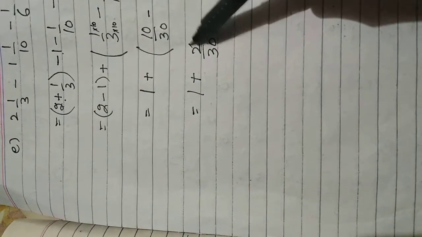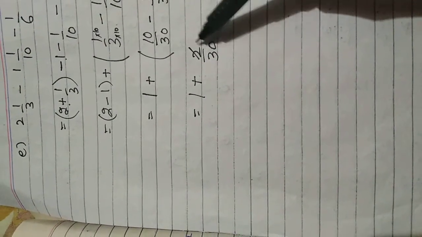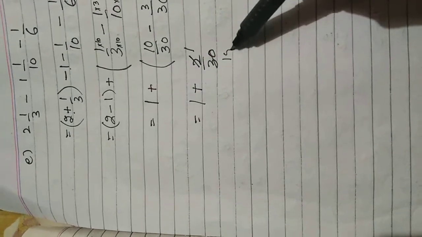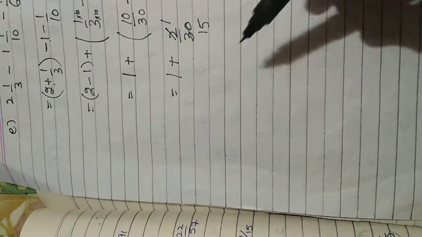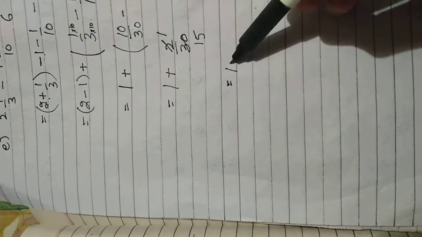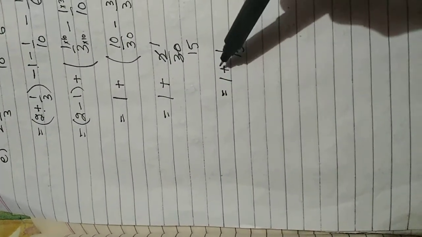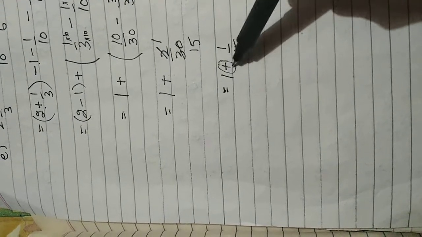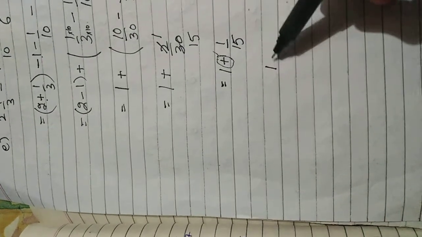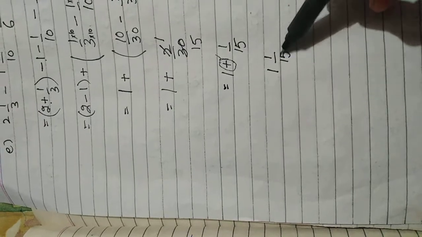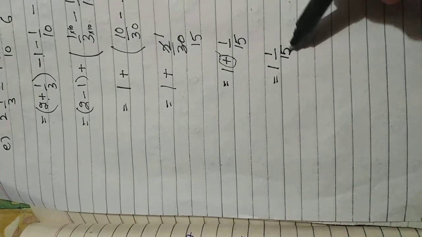So 1 plus 2 over 30. We get the equivalent fraction of 2 by 30 by dividing numerator and denominator by 2: 2 1 times 2, 2 15 times 30, which is equal to 1 plus 1 over 15.